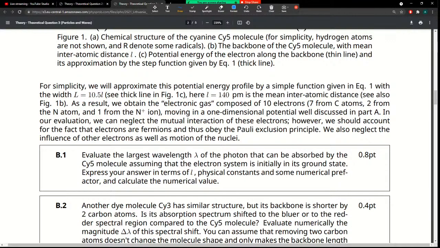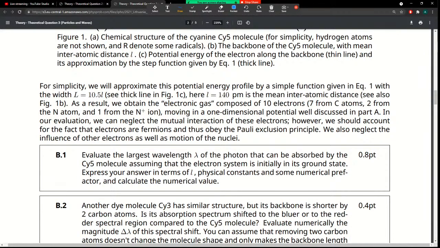Okay, so are they saying that double bond electrons, 1, 2, 3, 4, 5, 6, 7. Yes, I think they are telling that the electron gas is composed of all the double bond electrons, moving in the one dimensional potential well discussed in part A.